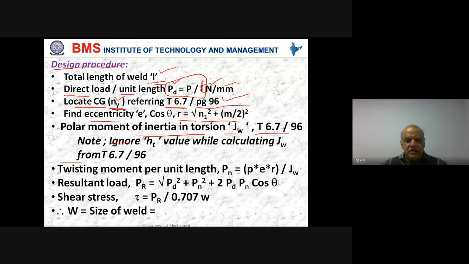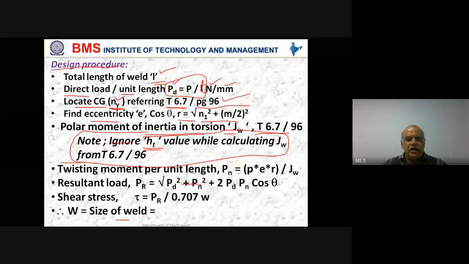I have given a note over here: ignore the HT value in the beginning. While calculating JW, ignore the value of HT, because we are going to get it as the weld size at the end.